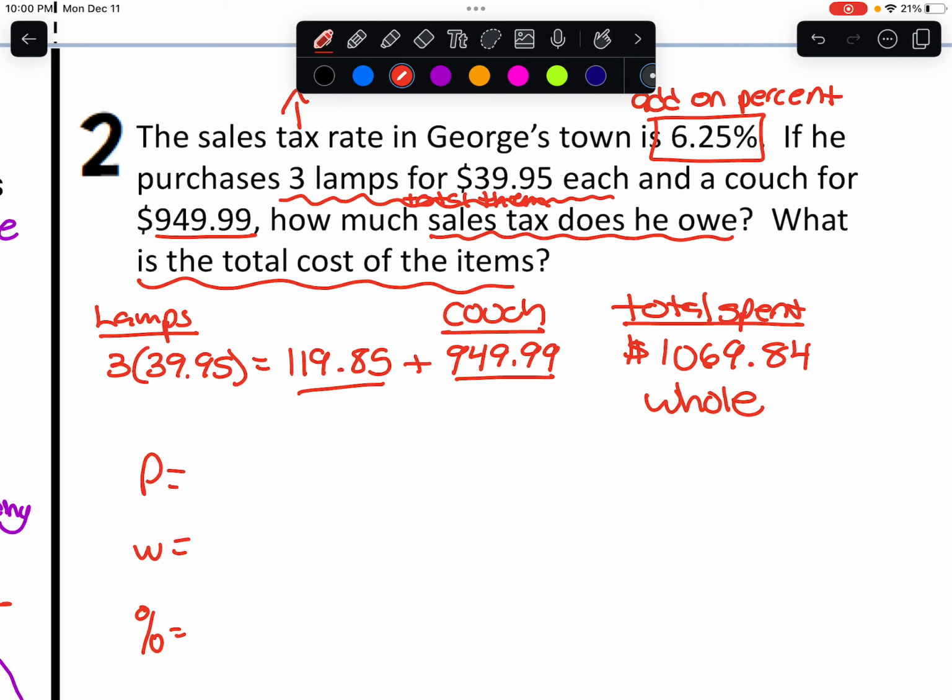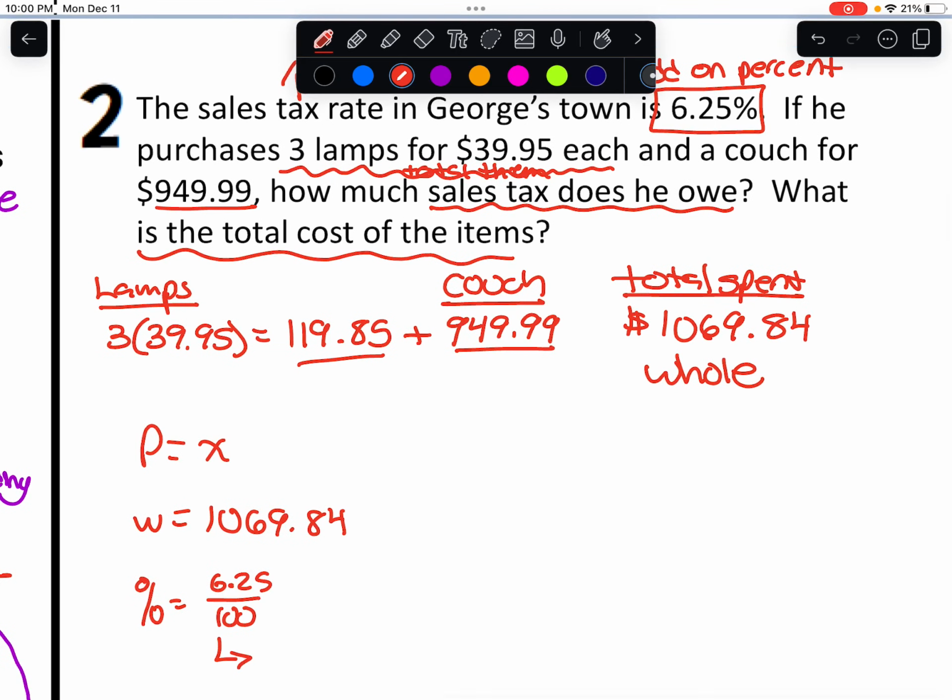Our part is unknown. We're looking for it. Our whole is 1069.84. Now our percent, you can do 2 ways. You can either say, okay, it's 6.25 out of 100, and then you would have to add. In this particular problem, I would probably use this method because it asks 2 questions: how much sales tax and what is the total cost after the sales tax.